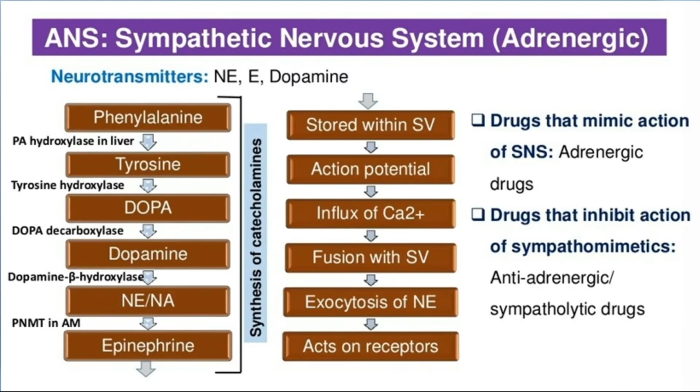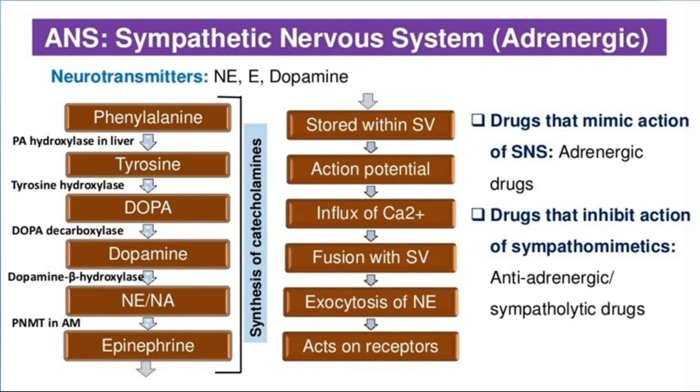You can see the picture. In the sympathetic system, we have norepinephrine and acetylcholine, which is released from postganglionic nerve endings.